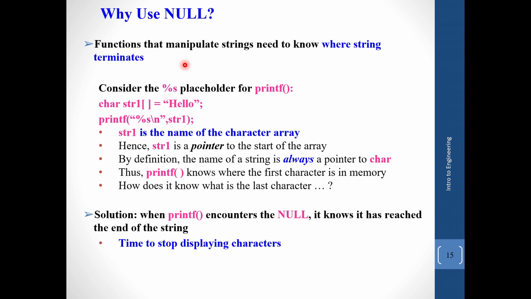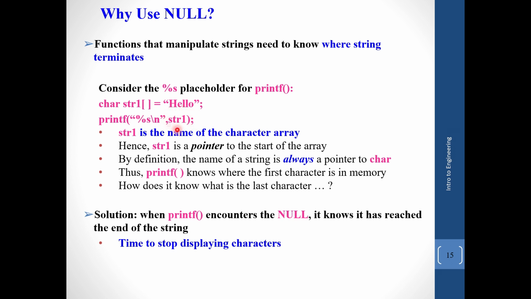All right, so why do we have to use the null? When we use %s, %s is the placeholder that we use for strings when we're talking about printf and other functions. When we do this, remember, we're still talking about arrays. So when I have str1 as the name of my array, remember all the way back to 106, what does that actually mean?